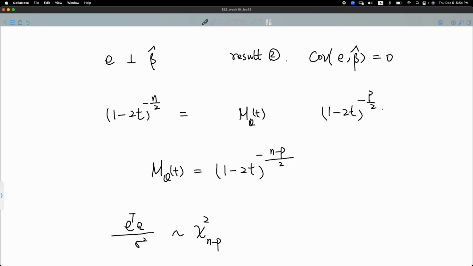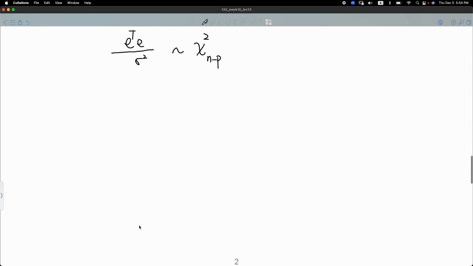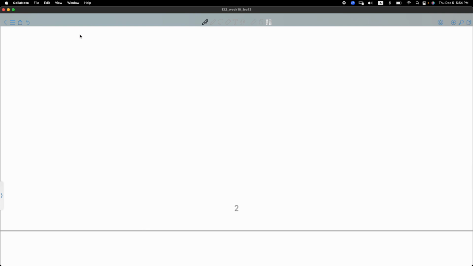Okay, so now let's go back to our original question of interest, which is we want to test the hypothesis of beta i equal to 0. And then we know that the beta hat follows a normal with the true beta and that variance.